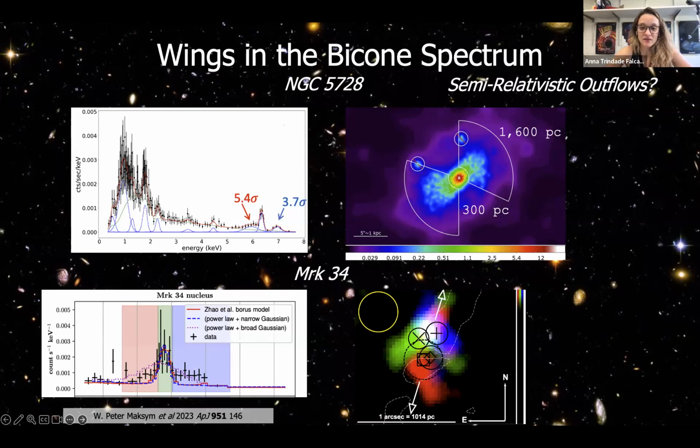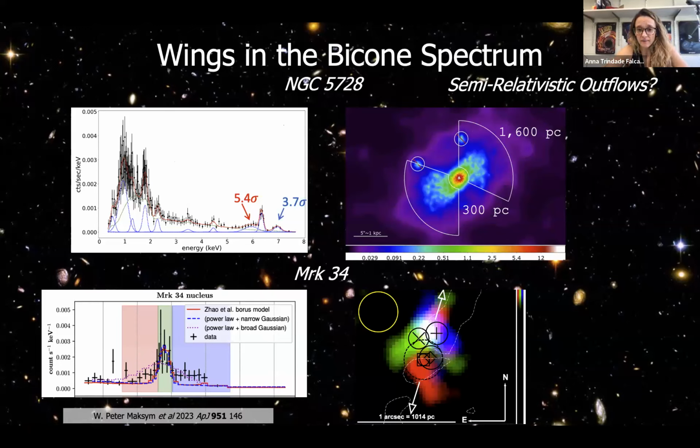In Markarian 34, Peter's analysis suggests a line of sight velocity of 15,000 kilometers a second. So in Markarian 34, this high velocity gas was detected within the nuclear region, so 200 parsecs. But in NGC 5728, this was detected only when you're sampling only the extended emission.